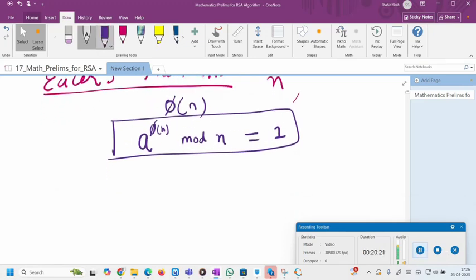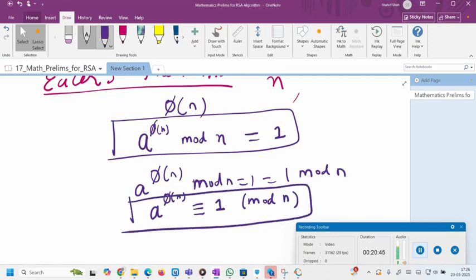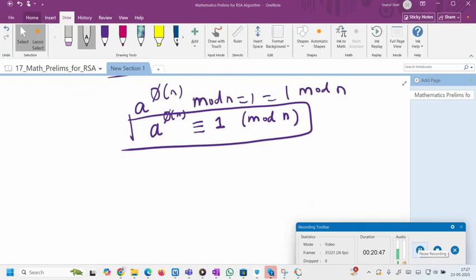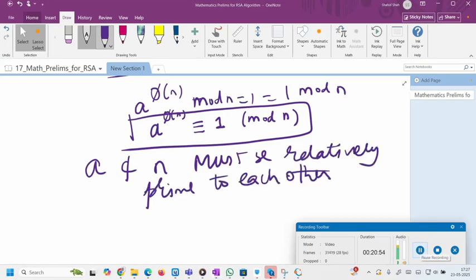We can write it another way: since n is greater than 1, we can write a to the power phi of n is congruent to 1 modulo n. This property is also used in the RSA algorithm. But there is a very important condition: a and n must be relatively prime to each other.